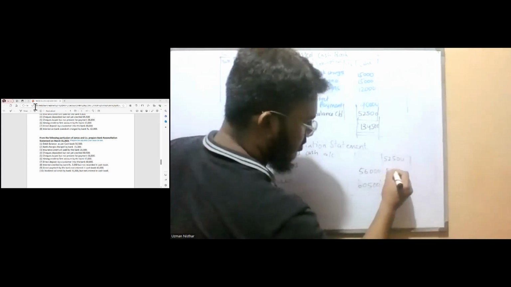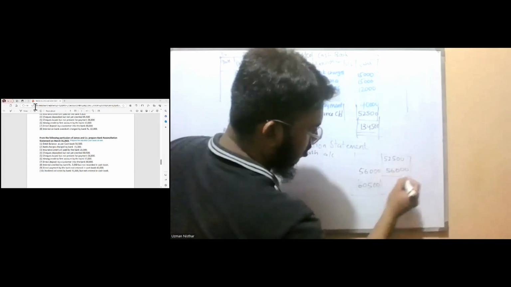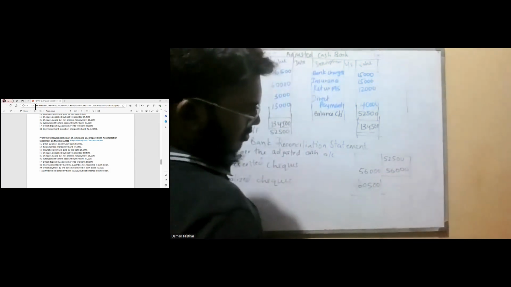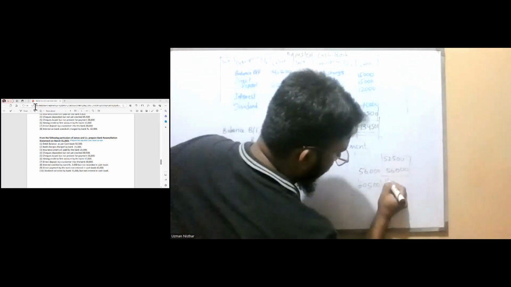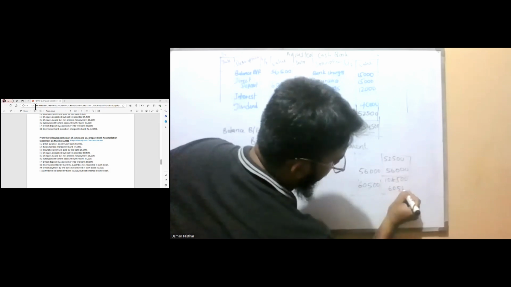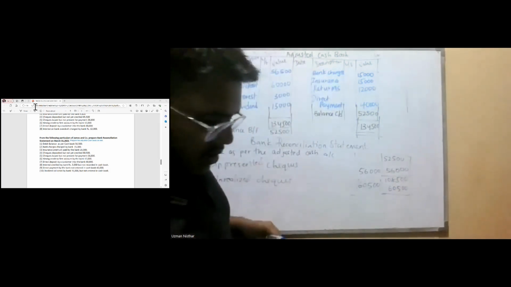So 56,000, the total you will get is 108,500. 108,500 minus 60,500, the answer would be 48,000.